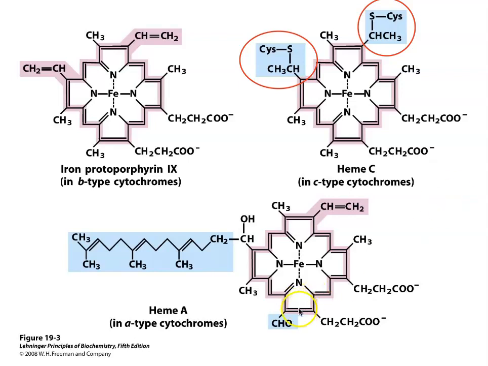All right, you don't have to try to remember any other distinctions between the three cytochrome types, but one thing that distinguishes cytochrome C is that the heme group is covalently attached to the protein.